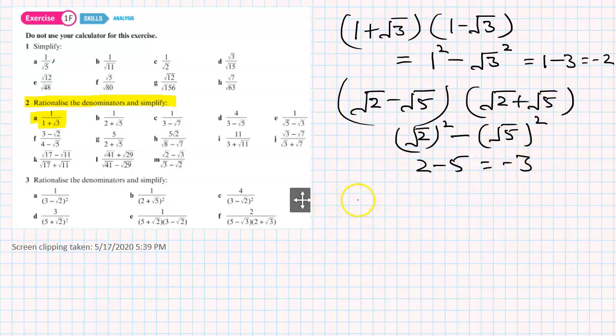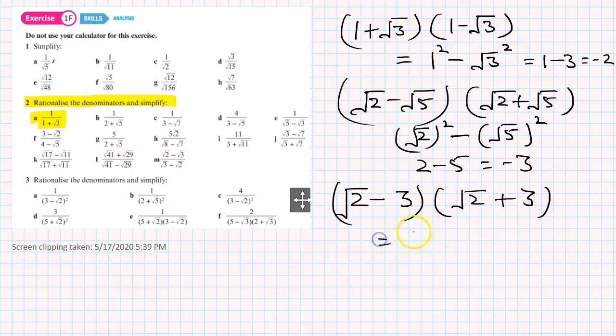Another example is root 2 minus 3 times root 2 plus 3. This is equal to root 2 square minus, now this 3 does not have any root, so we have to write 3 square.